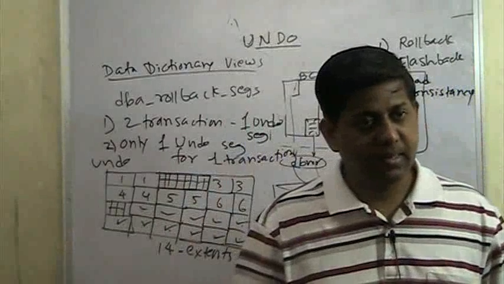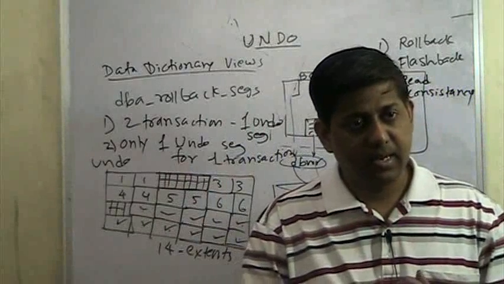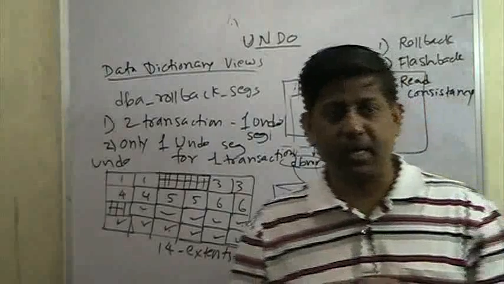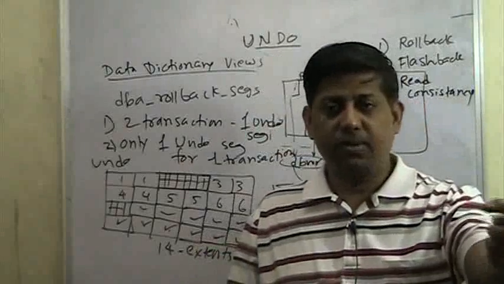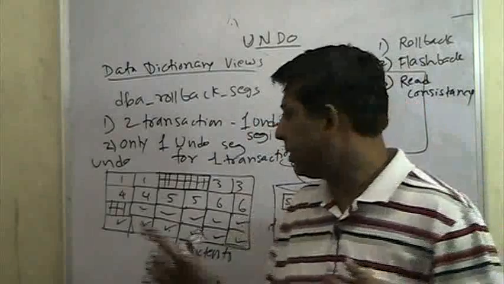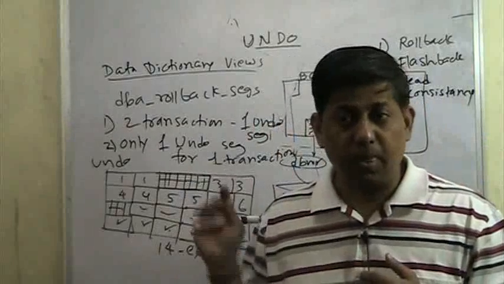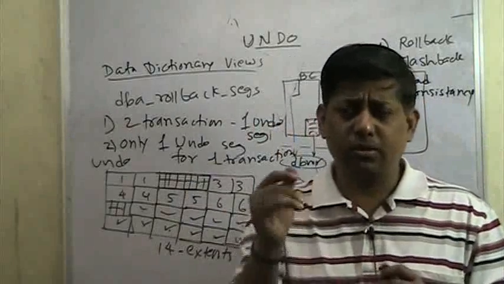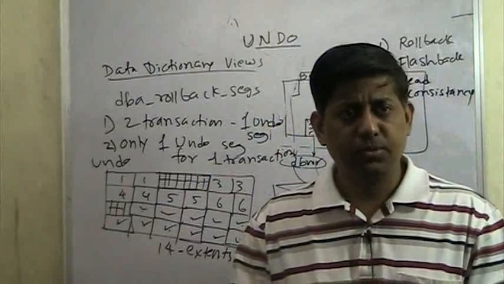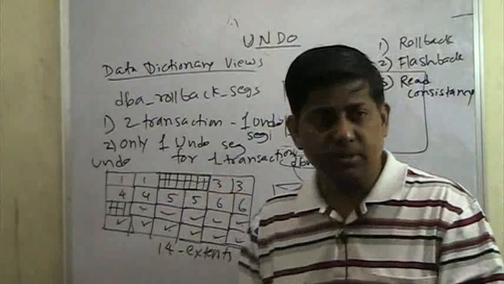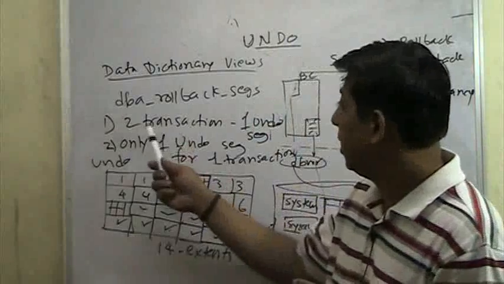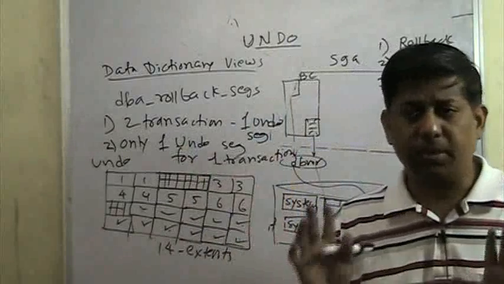But you said multiple transactions can share one. That is correct. You are the one who started the first transaction. You get assigned segment number 2, no problem. He also starts another transaction, and he also gets assigned segment number 2. So both of you are in segment number 2. Two transactions and one undo segment is possible.